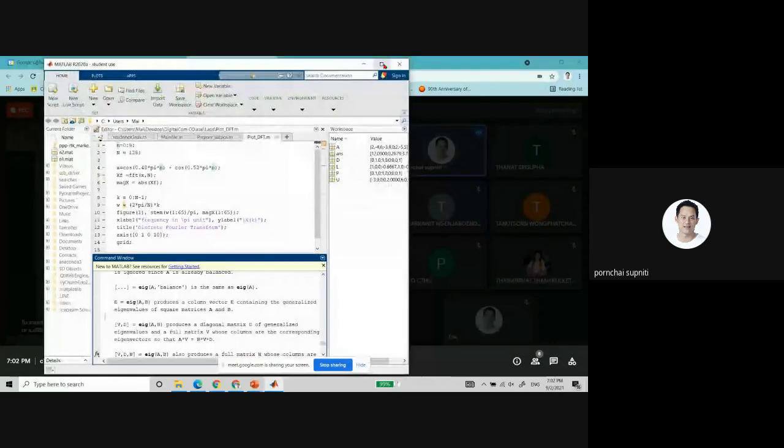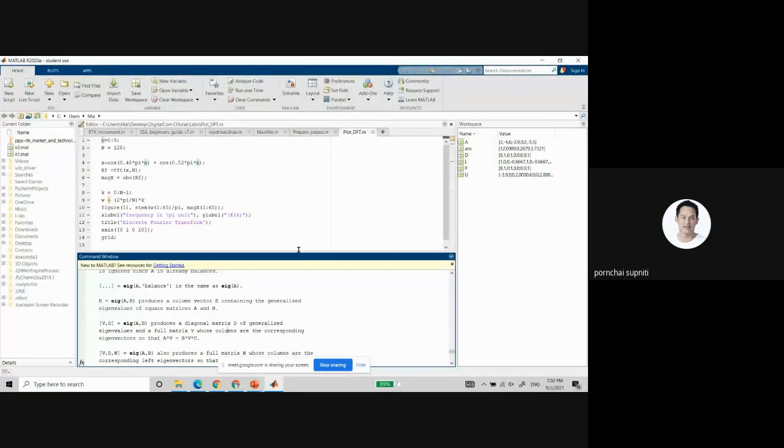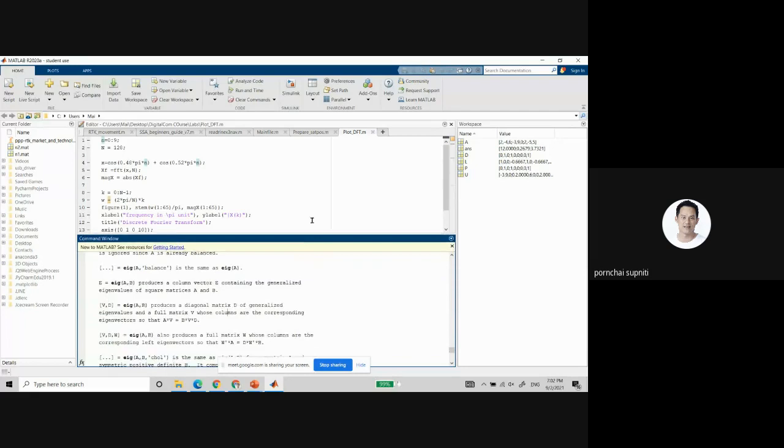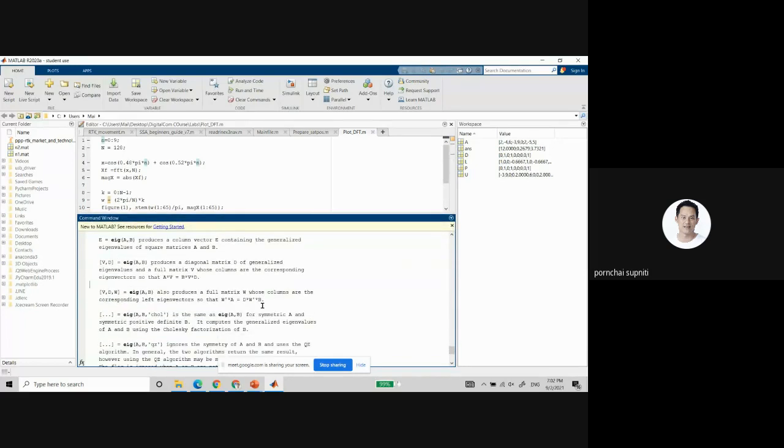Also, let me turn off the camera. If I share from the whole screen, maybe, okay. And I go to MATLAB, okay. This is an example, okay. So you can see how it works and how it's done, okay.